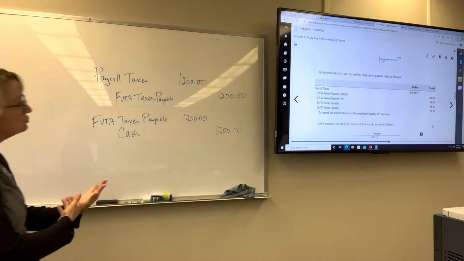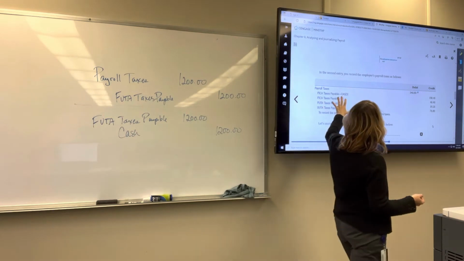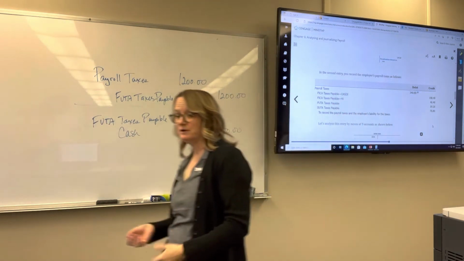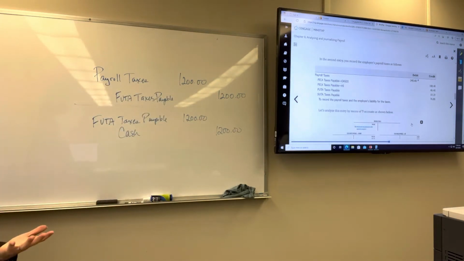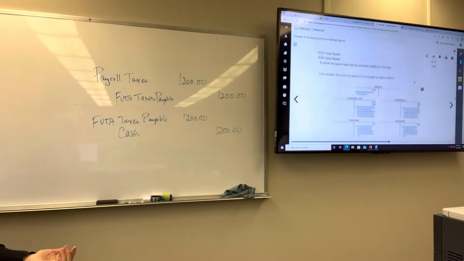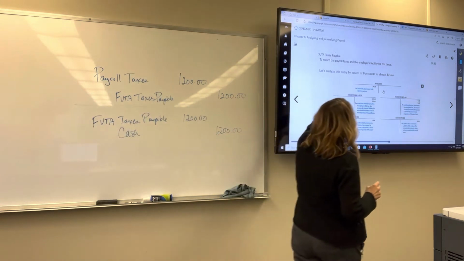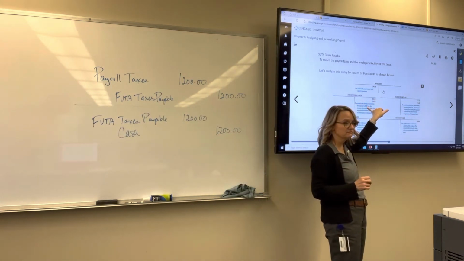So when we go to the second journal entry to record the amounts that the employer is liable for, their payroll taxes, again we've got no cash going out in this case, but we record those liabilities. We have our debit to payroll taxes, so we now have a T account for payroll taxes. We already had a T account for FICA taxes payable, so we're just going to add to that as a credit.